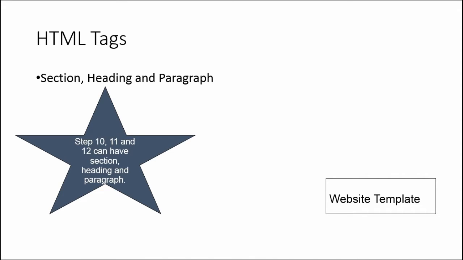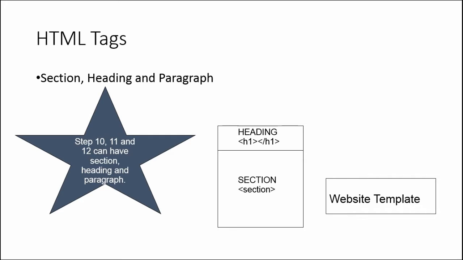In order to provide a boundary for one particular column, you have to provide the section HTML tag. Inside the section tag, I would like to have the heading of the particular information that I want to reveal.